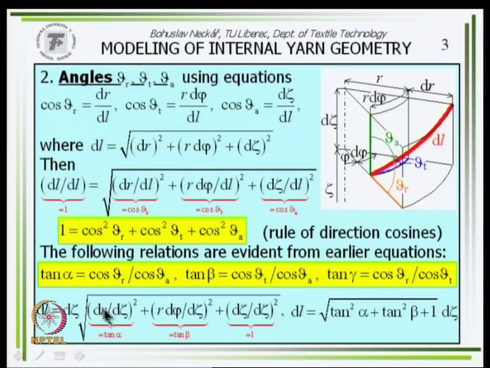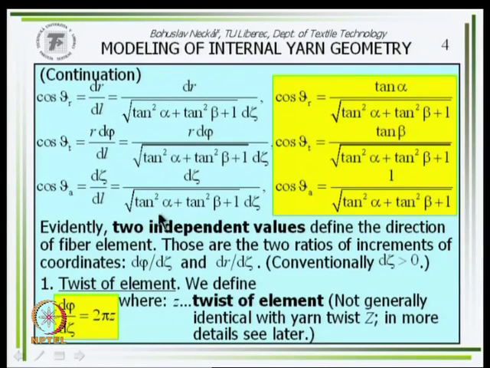We can also define the length of our red fiber element, which is d zeta times this. After rearranging, we obtain this equation. The relations between the angles theta R, theta T, and theta A are given by this triplet of functions.